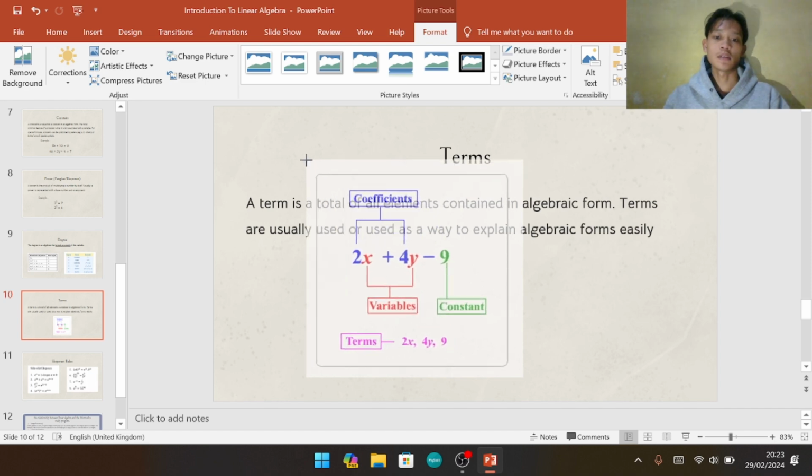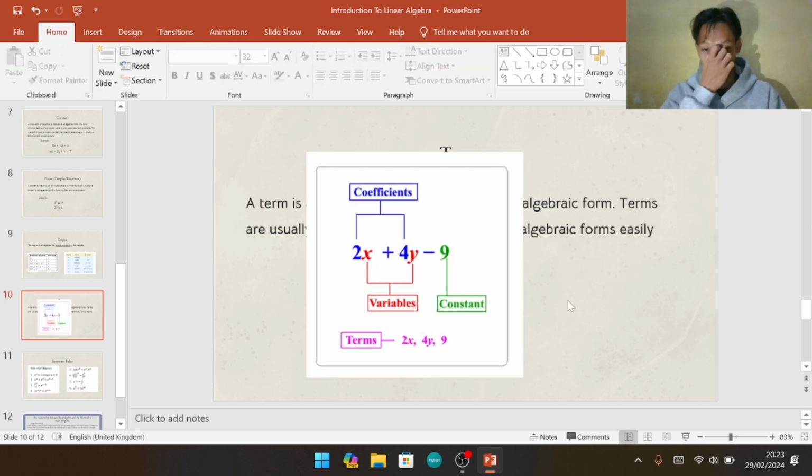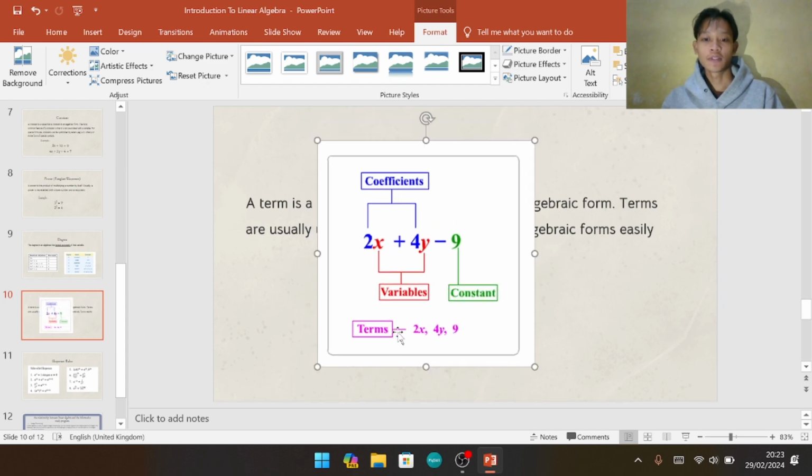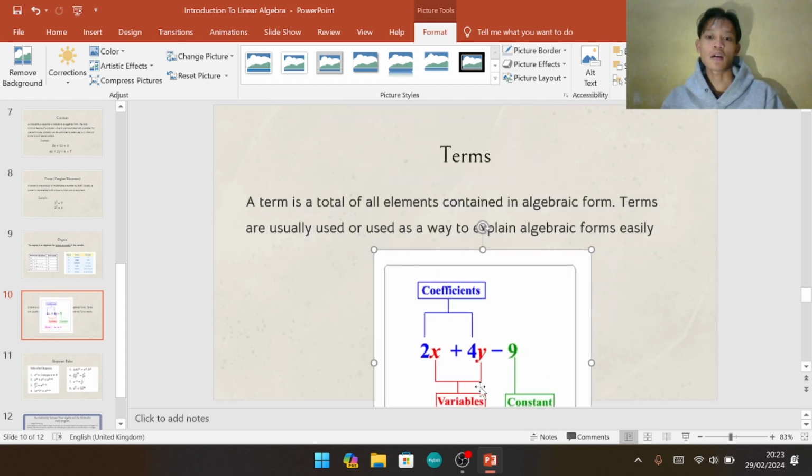We can look: 2 and 4 are coefficients, x and y are variables, 9 is constant, and the terms are 2x, 4y, and 9. Term is all elements.